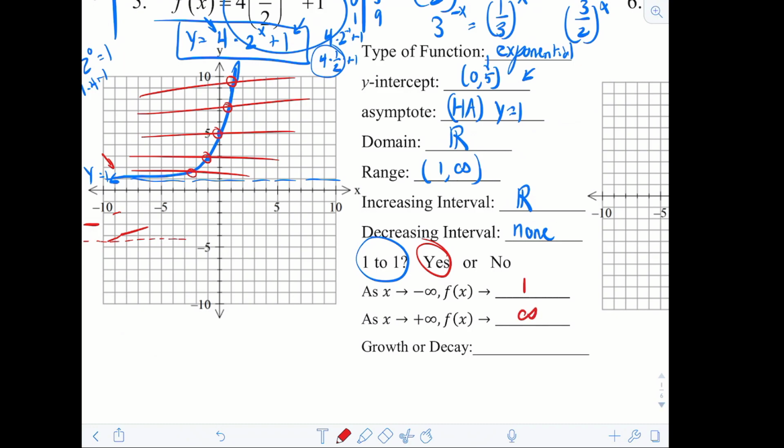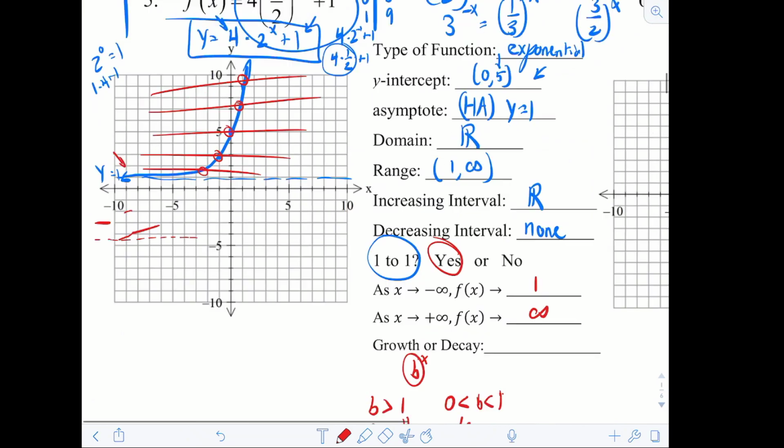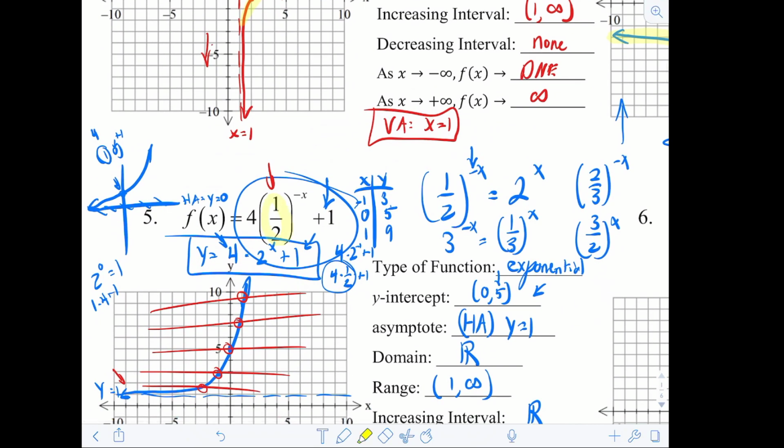And is this exponential growth or decay? Really what we're doing here is looking for b to the x, whatever this b value is. If the b value is greater than 1, it is growth. If it is between 0 and 1, it is decay. They did this thing where they were trying to be kind of confusing, almost like a haha gotcha thing. The b value here looks like it is 1/2, but it also gives you a negative x.